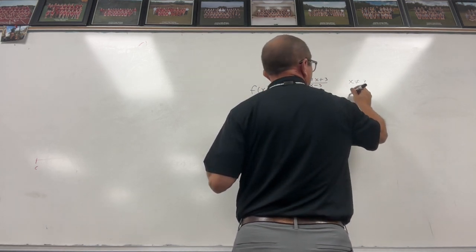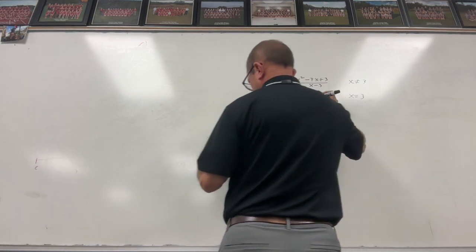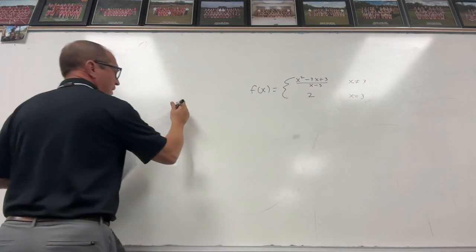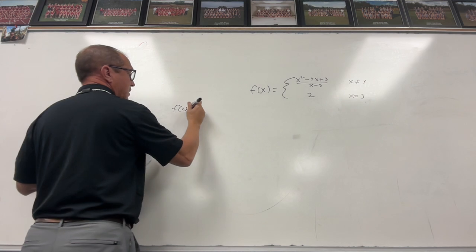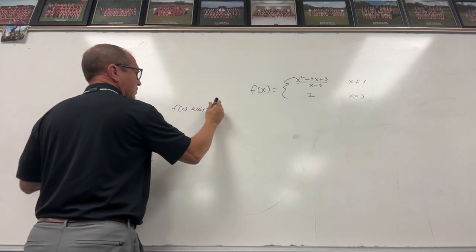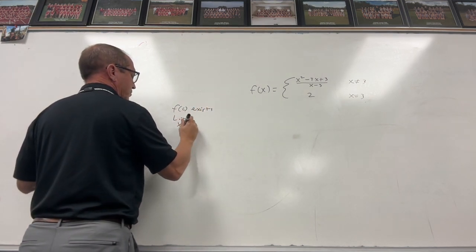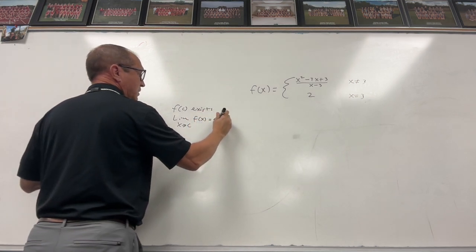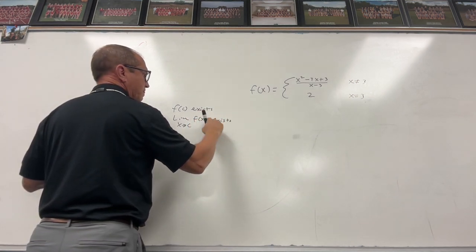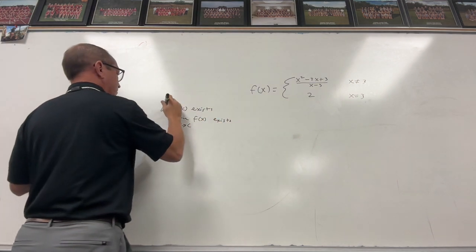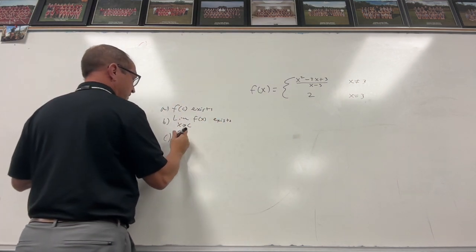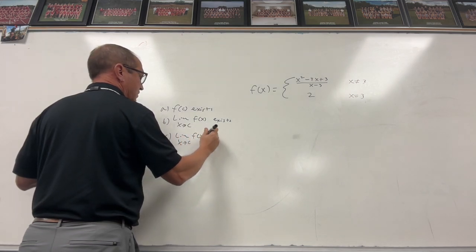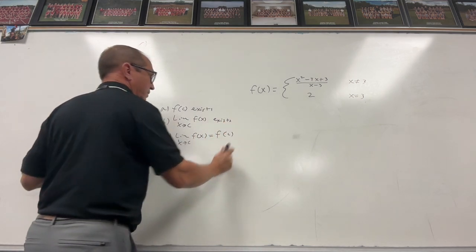And if x equals 3, then we've got 2. And let me write these down again. F of c exists. The limit as x approaches c of f of x exists. And then, the limit as x approaches c of f of x equals f of c.